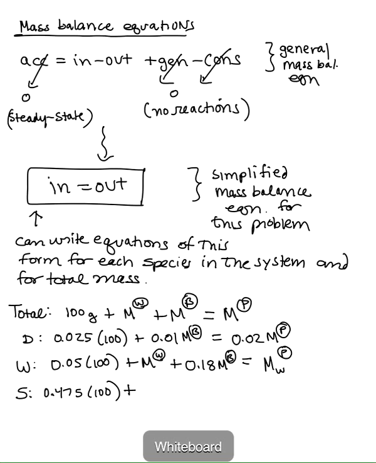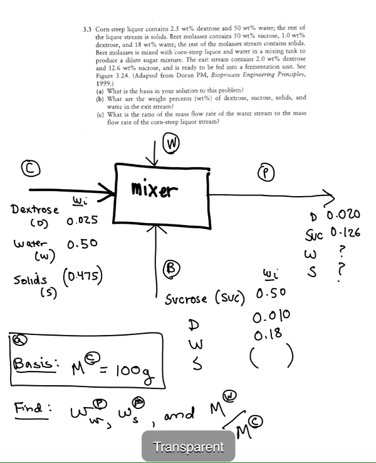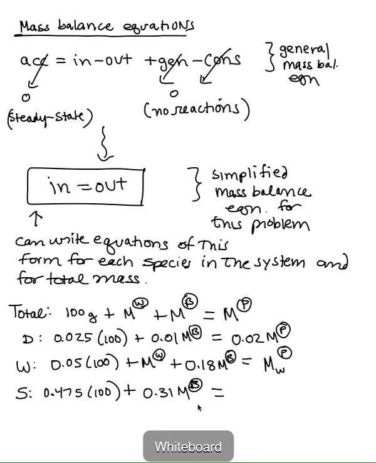And then 31% of the mass of B has to be solids. Again, if you add up 0.5 and 0.01, that's 0.51, plus 0.18 is 0.69, so these have to add up to 1, and the mass fraction of solids in stream B is 0.31. So that's where the 0.31 came from. And that's going to equal the mass of solids in stream P.